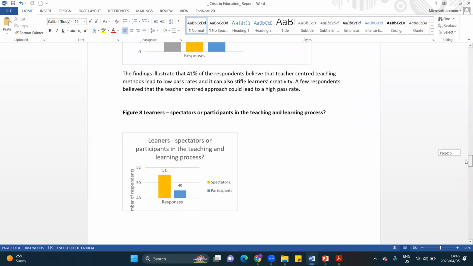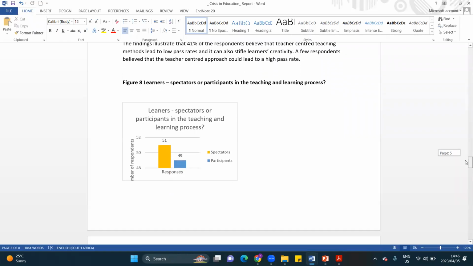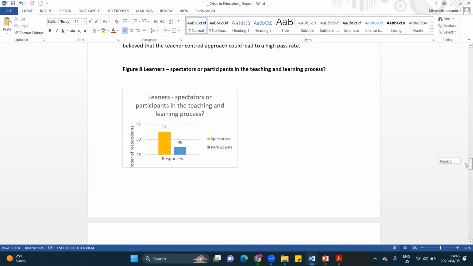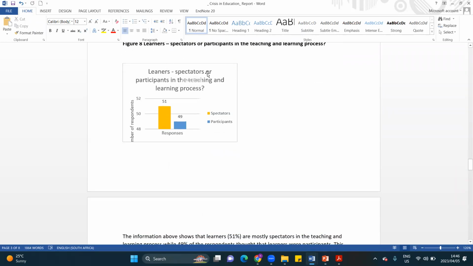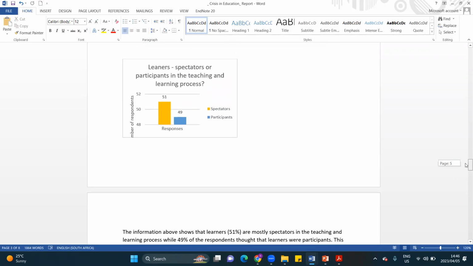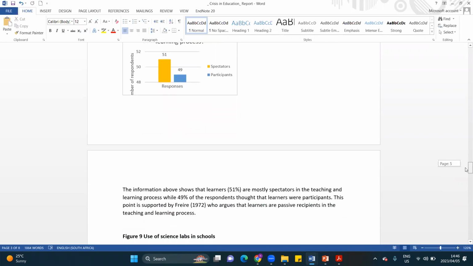And then in figure 8, in response to the question, learners are spectators or participants in the teaching and learning process, 51% of the learners felt that they were spectators in the learning process, and only 49% of them.